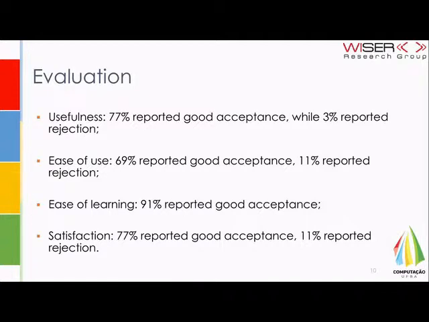As a result, 77% reported good acceptance, while 3% reported rejection for usefulness. 69% reported good acceptance, and 11% reported rejection for ease of use. 91% reported good acceptance for ease of learning, and 77% reported good acceptance, while 11% reported rejection for satisfaction.